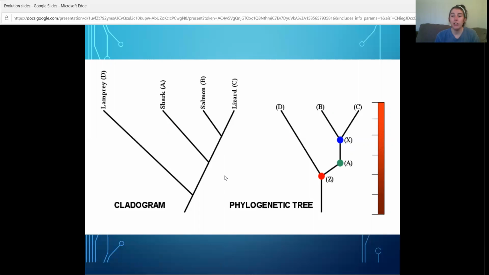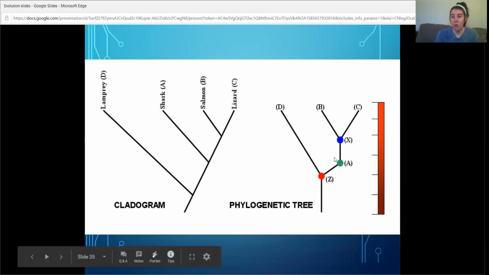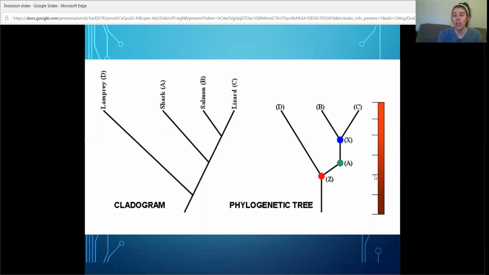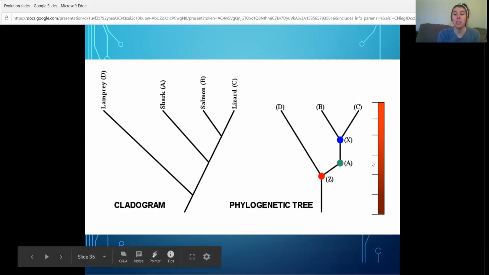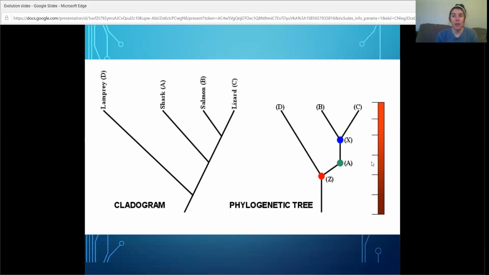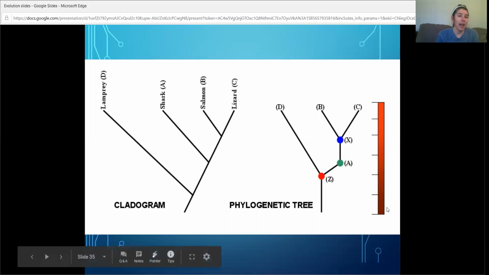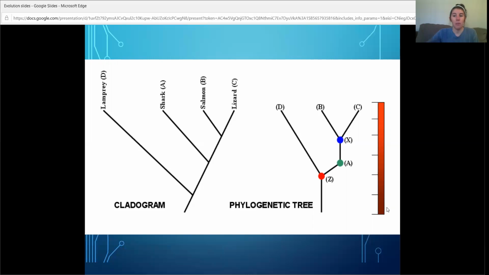The phylogenetic tree is showing us how they're different, where their common ancestors are, but this line over here is kind of our measure of how much time has passed. Typically, when you look at one of those, this line over here will be labeled with some dates, so that way you can assess how far apart these changes are happening.